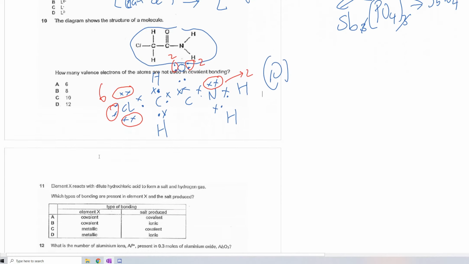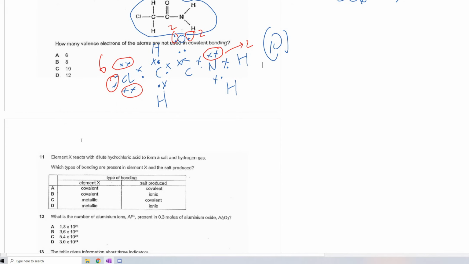Let's move on to question 11. Element X reacts with dilute hydrochloric acid to form a salt and hydrogen gas. So this is actually an acid plus metal reaction to produce salt and hydrogen gas.